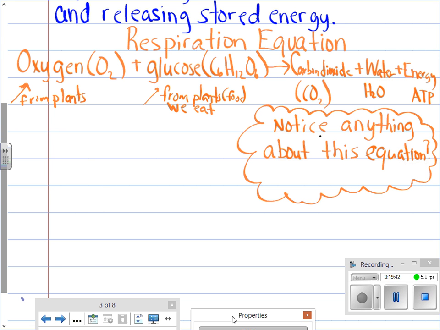So, where did this oxygen and glucose come from? From what process? Photosynthesis. Photosynthesis released oxygen and glucose, correct? What picked it up? What equation?